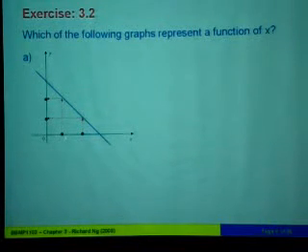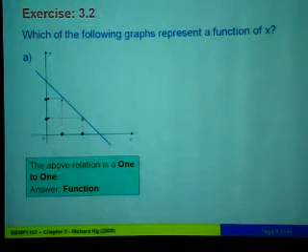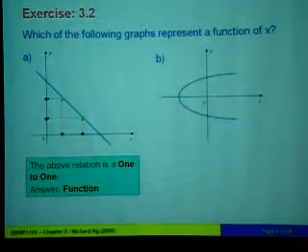So from here we can see one input produces one output. Another input here produces a different output. So we can say that this relation is a 1 to 1 relation. So if it is one input and one output, hence we can say this line is a function.